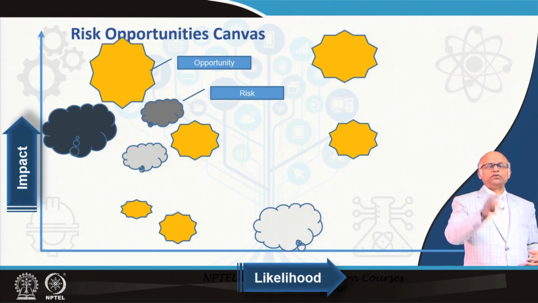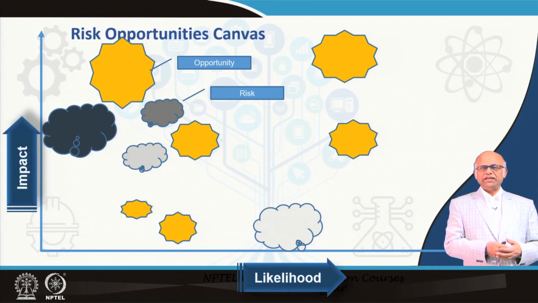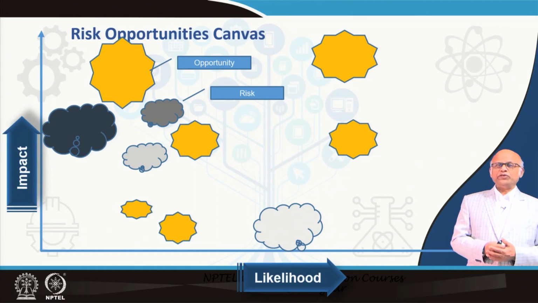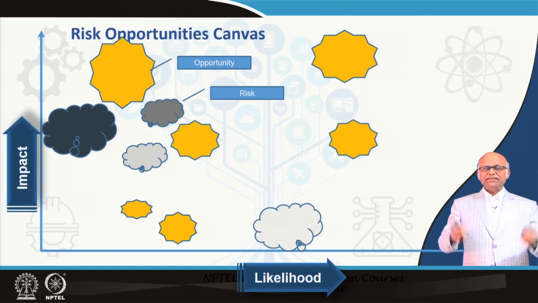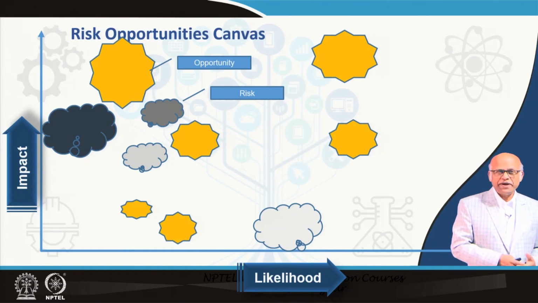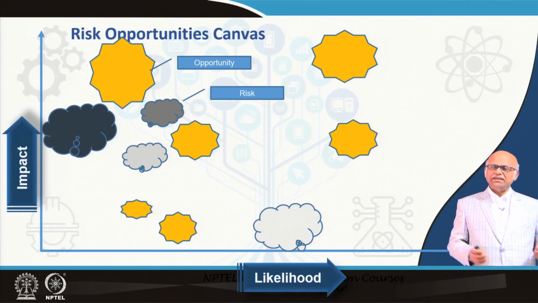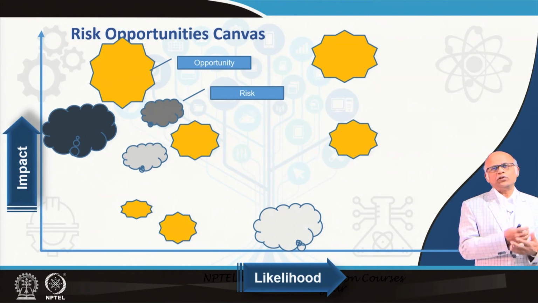For example, suppose the black ones are the risks, the x axis is the likelihood that this risk will actually happen, and the y axis is the impact it is going to create. Now, if there is a big risk that is going to create huge impact, but the likelihood of that happening is very less, you can eliminate it, ignore it.